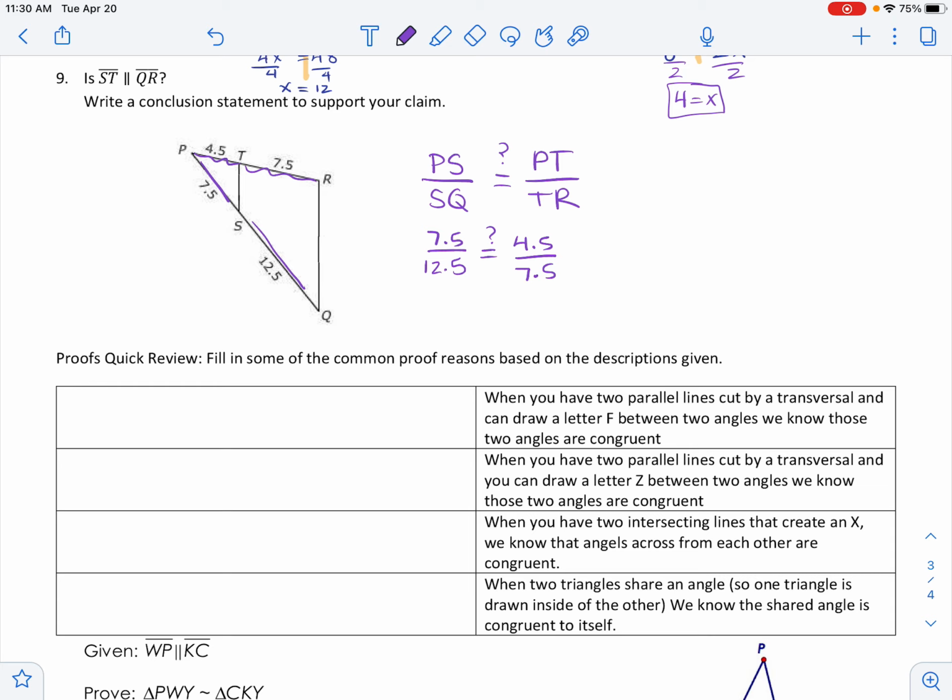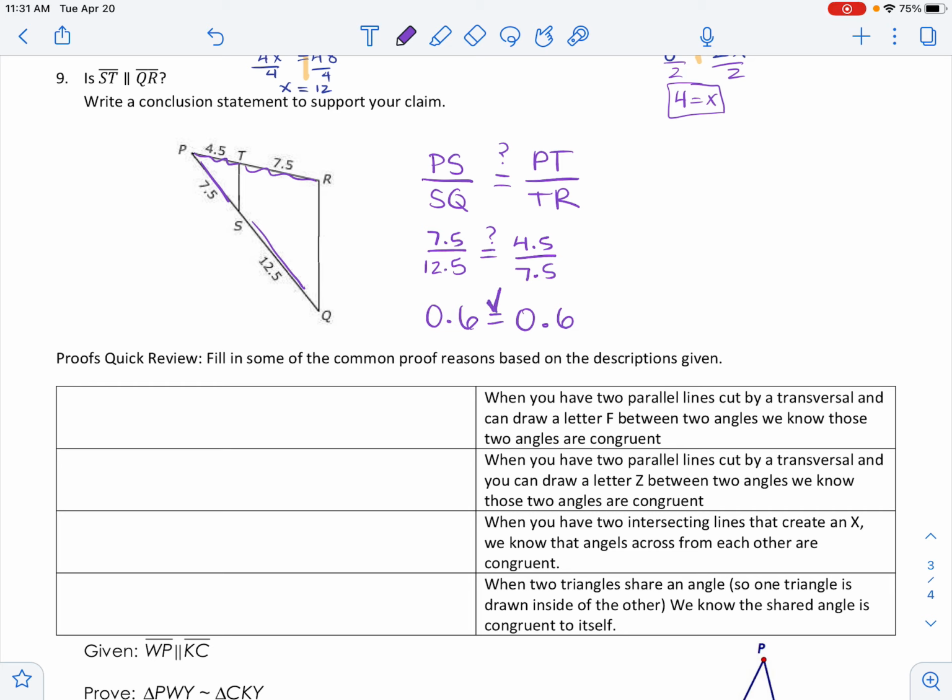Now, I don't want to do any cross multiplying here because I'm just simplifying. So I'm going to actually plug in the fractions as they are. So 7.5 divided by 12.5 in my calculator gets me 0.6. I'm going to do the same thing for 4.5 divided by 7.5, and in my calculator that gets me 0.6.